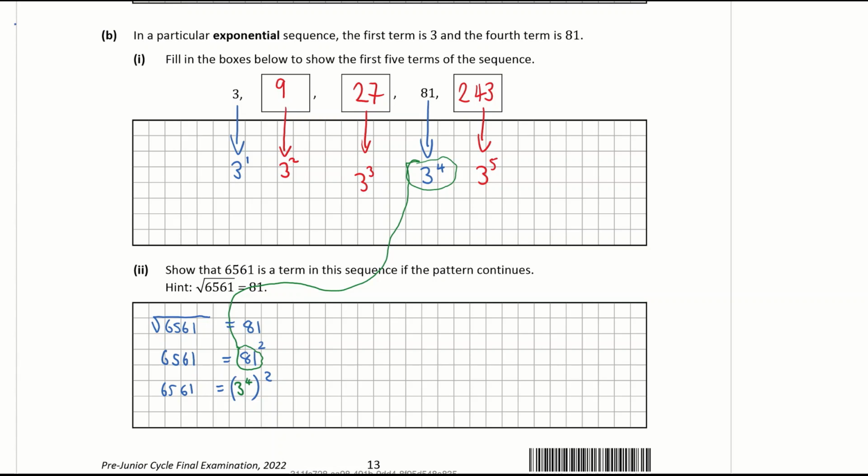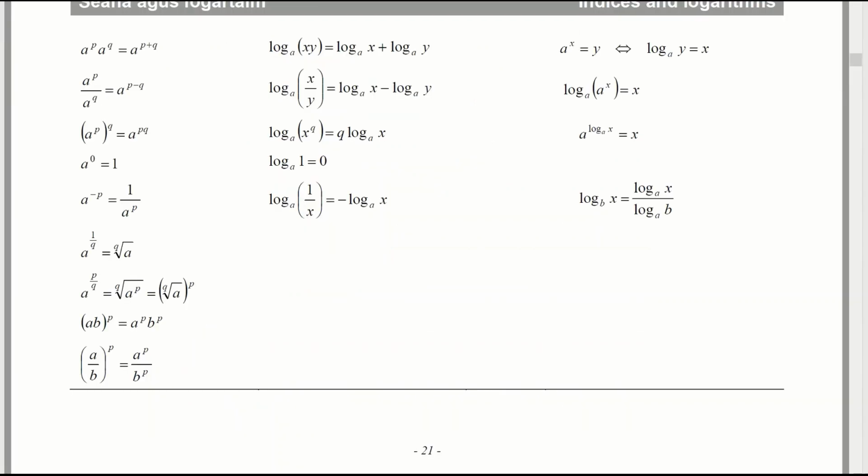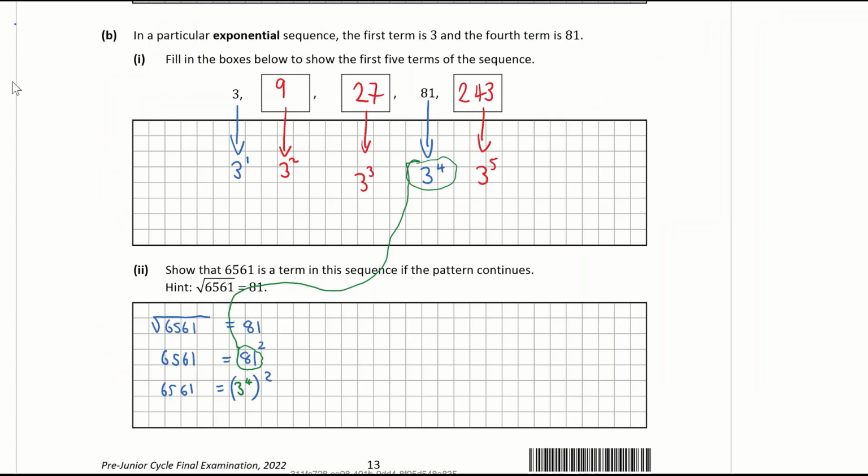I'm then going to go to my log tables on page 21, and you can see here the third rule down, a to the power of p to the power of q. That's what I have now. So in order to deal with my powers, p and q, I need to multiply them, p multiplied by q. So that's what I'm going to do here.